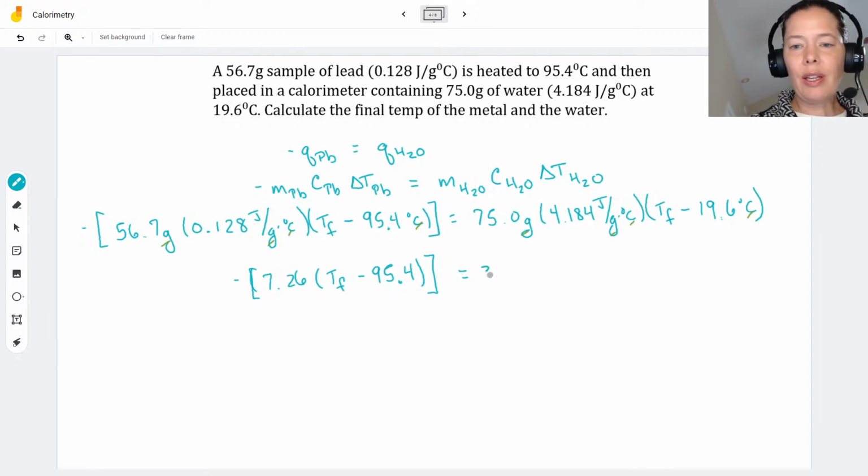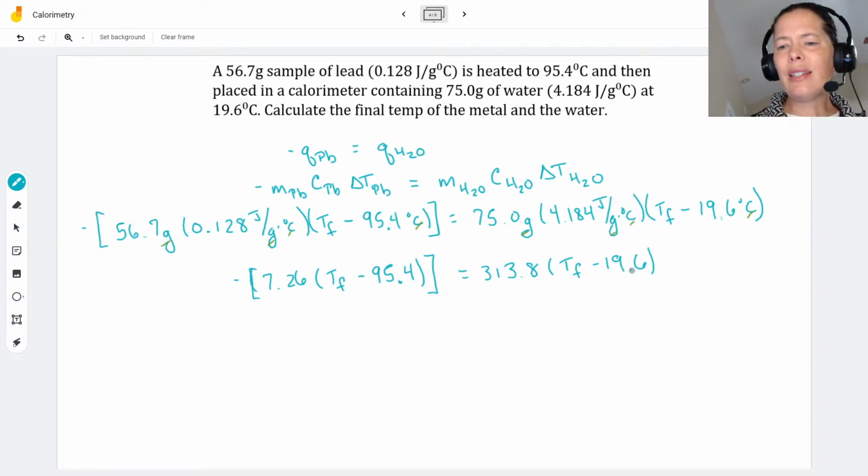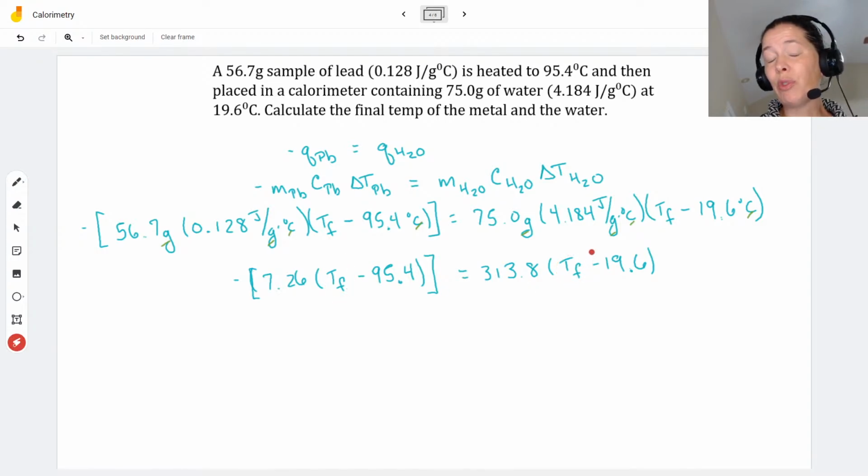And then on this side, there is my final temperature minus 19.6. One thing I guess I didn't point out that I should mention is the final temperature here is the final temperature for both of them. So that is the same variable. So it almost looks like we've got two variables in one equation, but that TF is final for both the lead and the water, so it is actually the same variable.